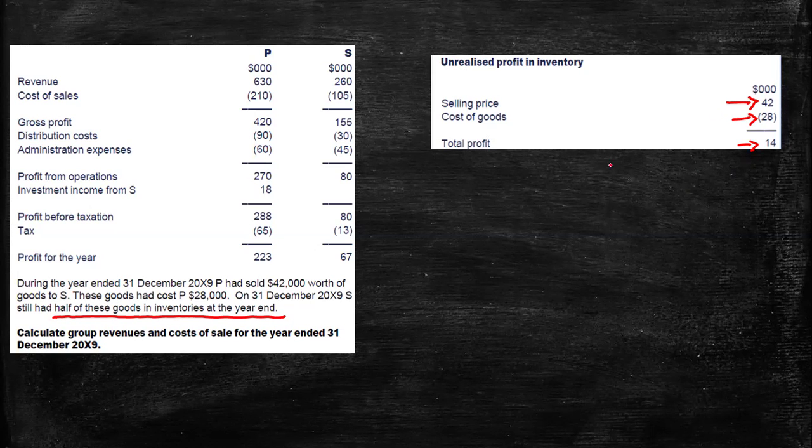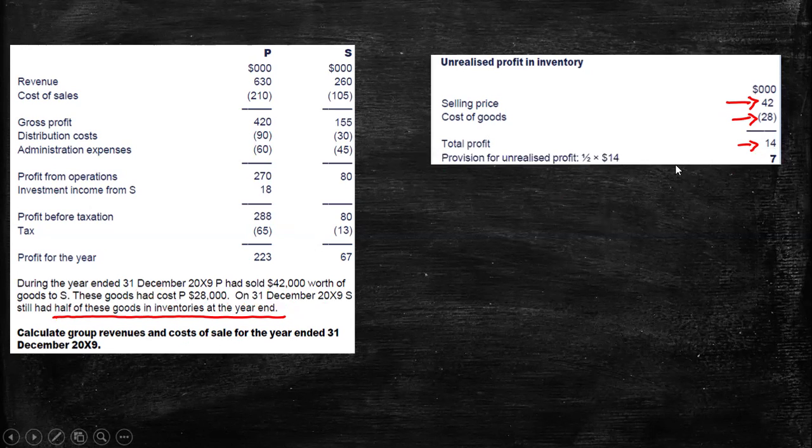So you only have to account for the unrealized profit on goods that still remain in inventory. Now they're telling us that half of these goods still remain in inventory at the year end. So we will take half of the unrealized profit amount. So half of 14 is 7. And that is our remaining unrealized profit that we now have to adjust in our closing inventory value.